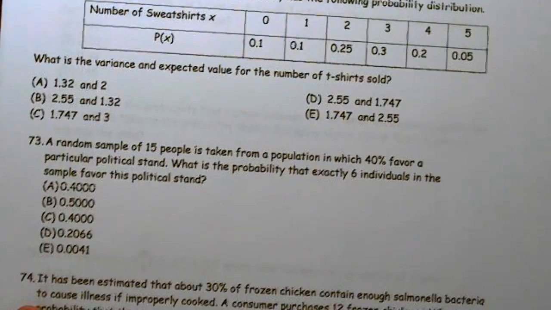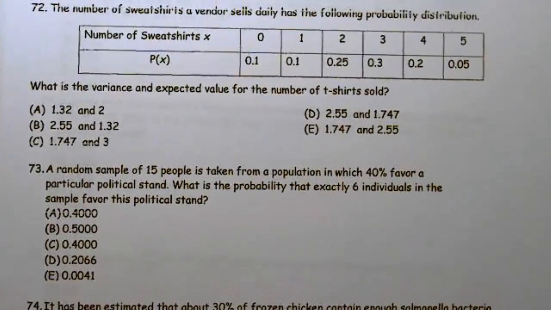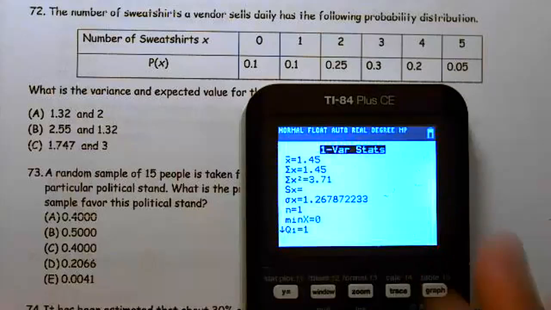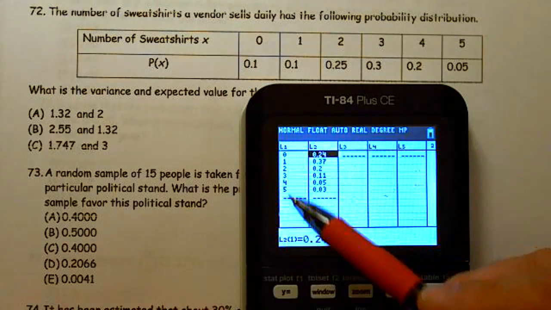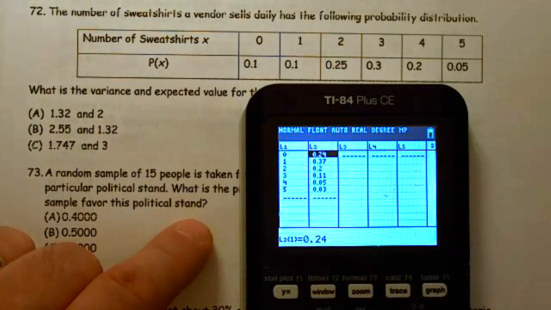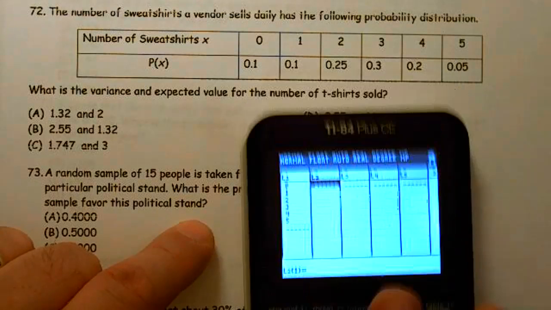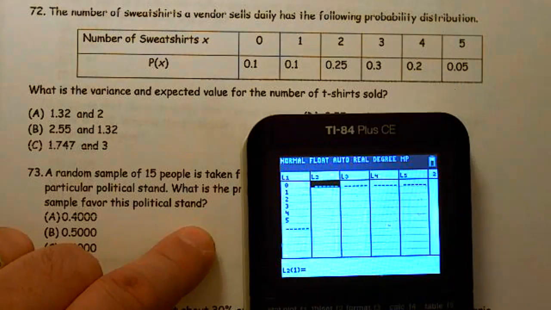All right, so we have another t-shirt problem with another table. I'm going to have to enter the data, and this time I'll show you how I do it. Stat Edit. I already have 0, 1, 2, 3, 4, 5 in there, but I need to change these percentages. So I up arrow, press clear, and then enter. Then I have 0.1, 0.1, 0.25, 0.3, 0.2, 0.05.